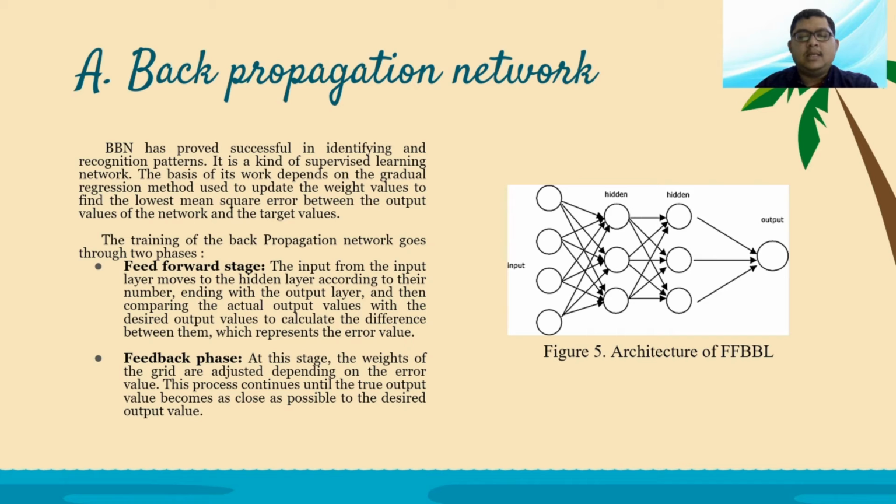Feed-forward stage: the input moves from the input layer to the hidden layer, ending with the output layer, and then the actual output values are compared with the desired output values to calculate the difference between them, which represents the error value. Next, the feedback phase: at this stage, the weights of the network are adjusted depending on the error value. This process continues until the actual output value becomes as close as possible to the desired output value.